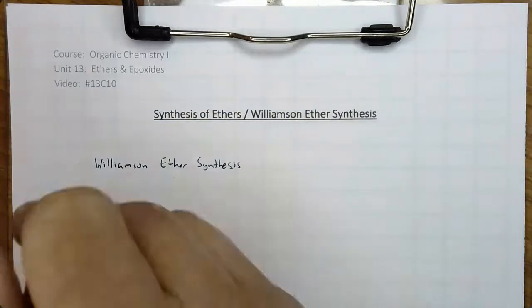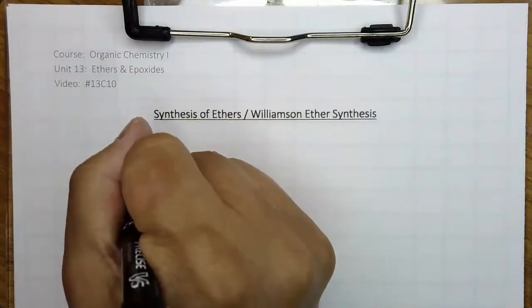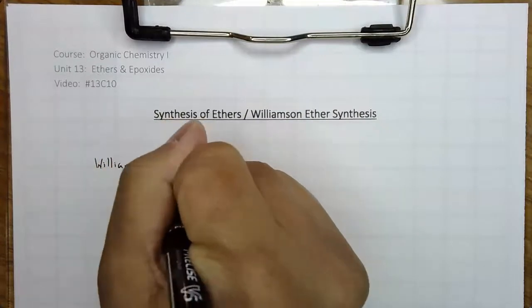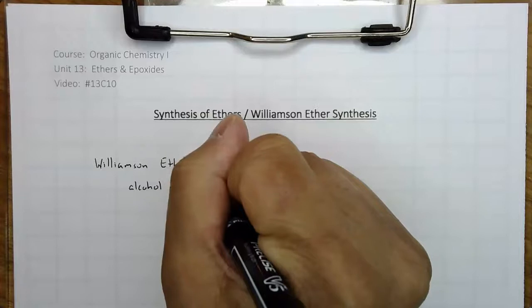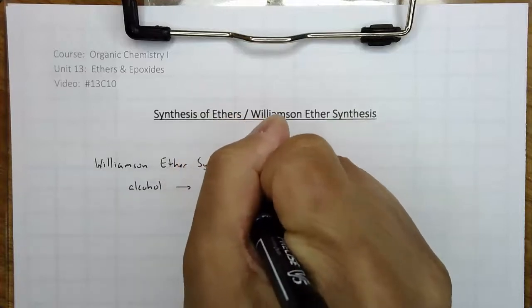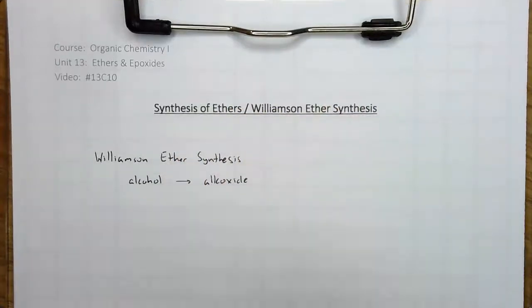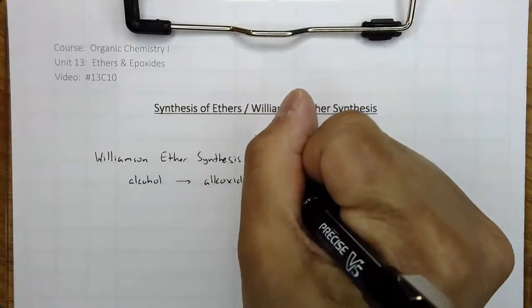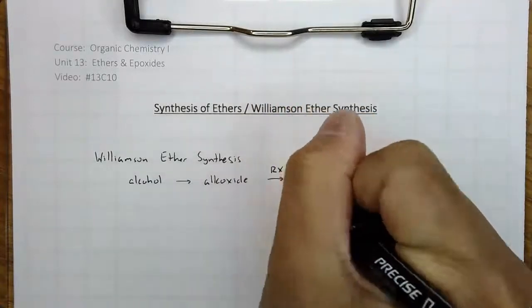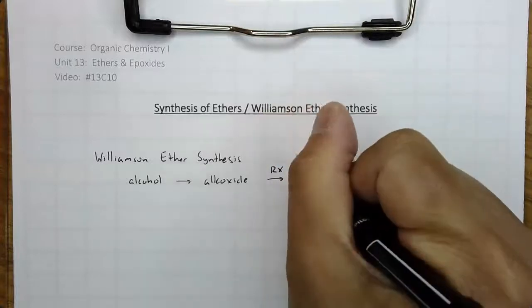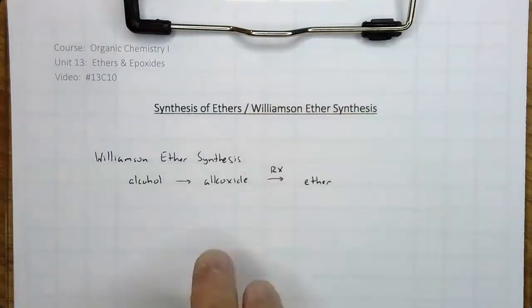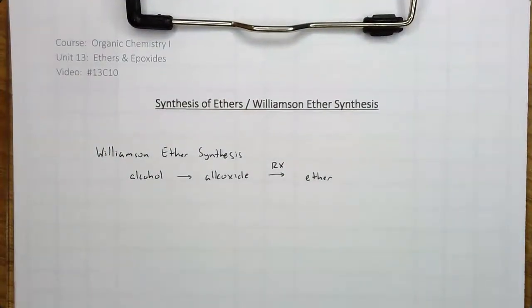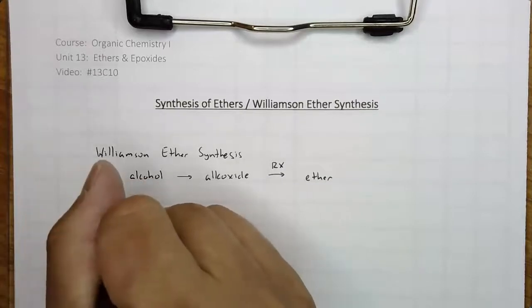What we'll be doing is we'll take an alcohol, make it into an alkoxide by deprotonation, and then take an alkyl halide and form our ether. Now there are limitations as to what alkyl halide we could use, and we'll see that in this first example.